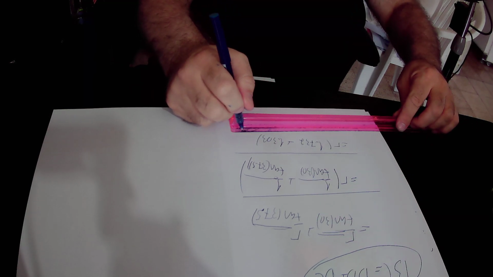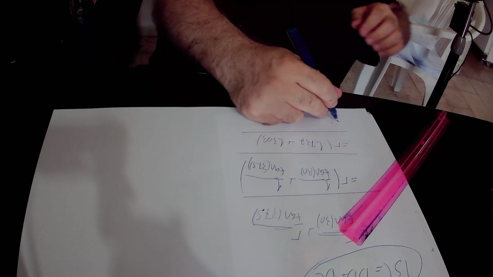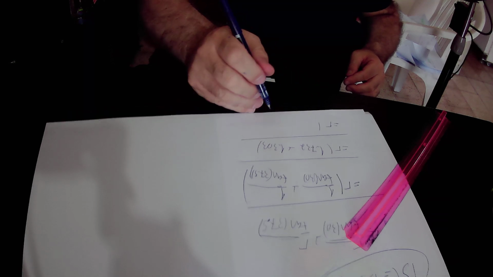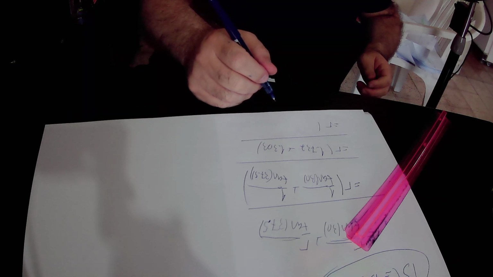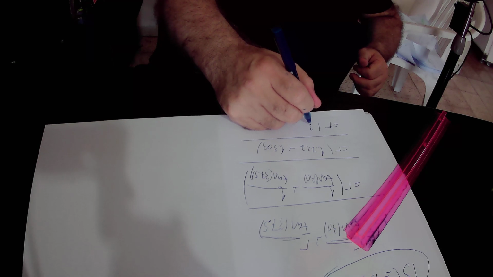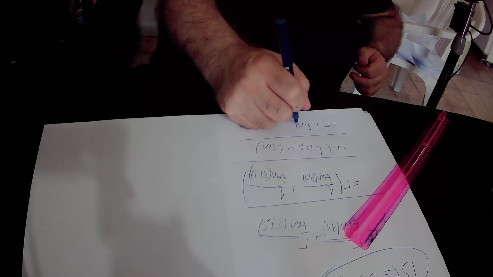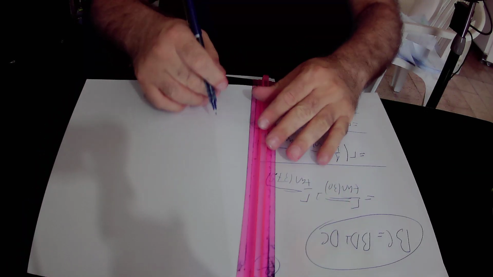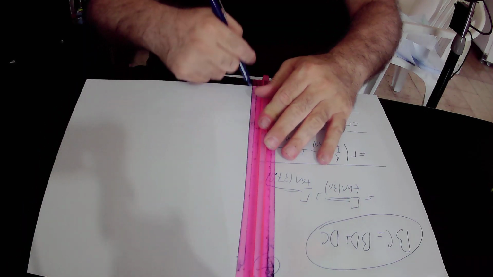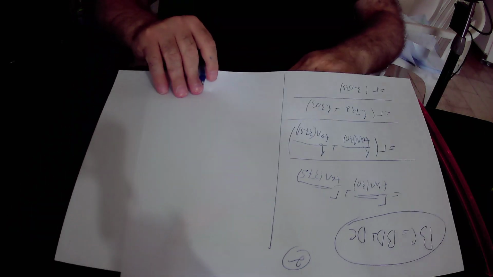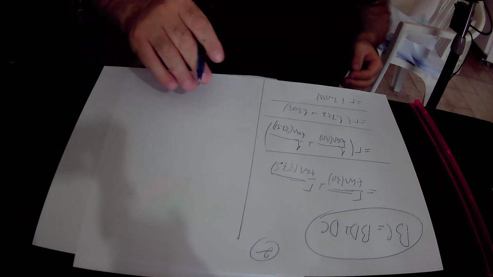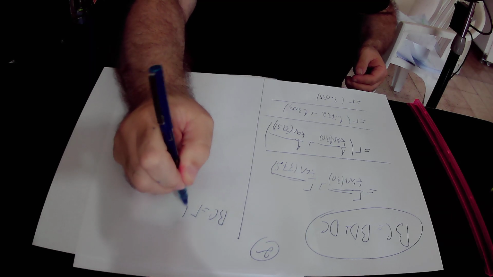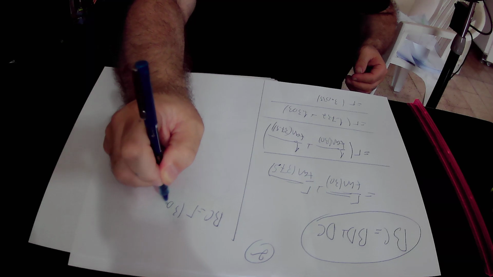And here, 1.732 plus 1.303 equals 3.035. So in conclusion, we found out that BC equals R times 3.035.